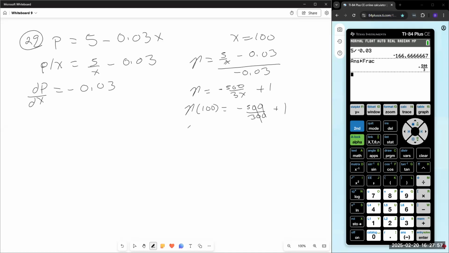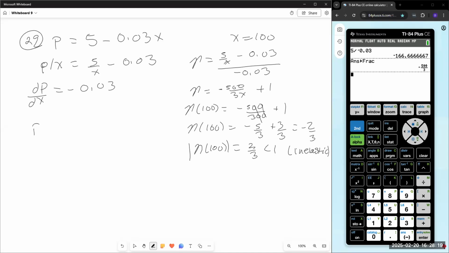So eta of 100 is negative 5/3 plus 3/3, which is negative 2/3. The absolute value of eta of 100 is 2/3, which is less than 1, which is inelastic.